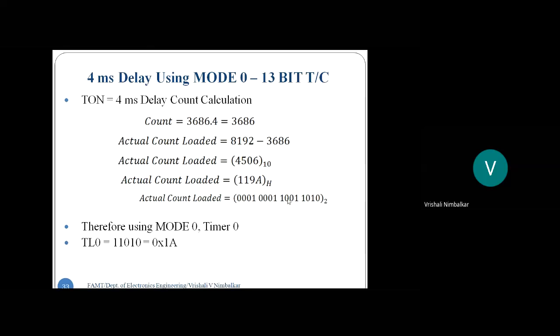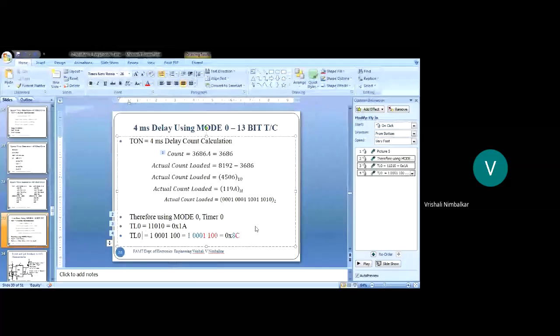So see here, 1, 2, 3, 4, 5, 6, 7. These are the 8 bits. Those 8 bits should be loaded in the higher register. So what are the higher 8 bits? Hope you can see that.